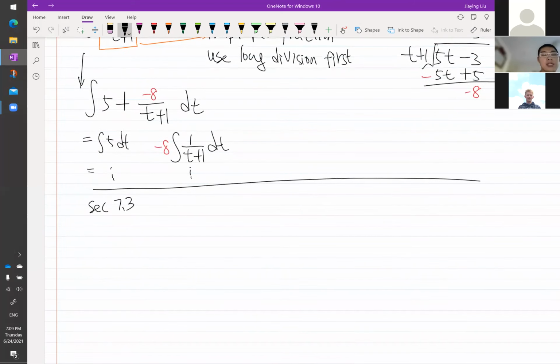So 7.3, practice problem using trig substitution to find integrals involving square root of either in the denominator or numerator, right? Square root of x squared plus a squared dx.